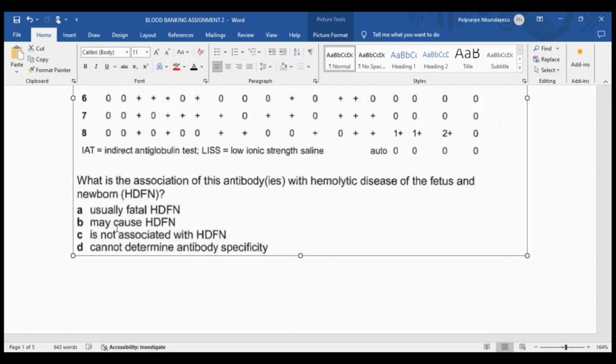It's not really severe. It can be mild, even though it is present, but it is usually mild. So in this selection, you can select B, because it is not fatal. It cannot be associated with the fetal reaction, but also it is not associated.